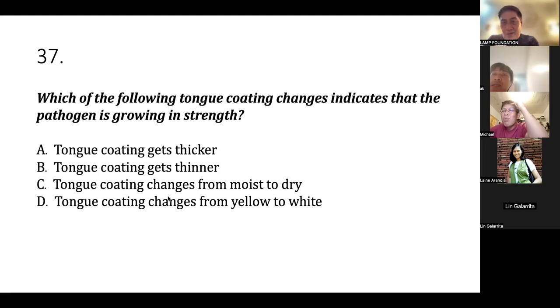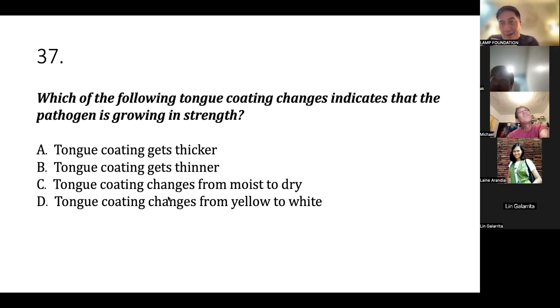Sa apat na aspects, ano yung pinakamabilis mag-change? Ilang oras?